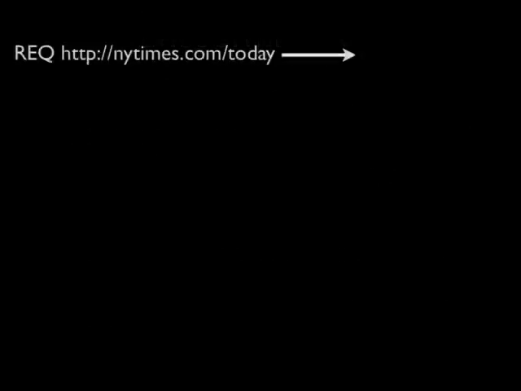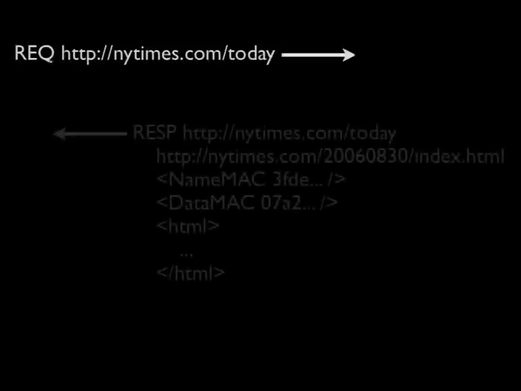Let me see if I can make that more concrete. So the model is, I do a request for today's New York Times. And I usually don't know what today is, so I want to make this generic request: give me today's New York Times. And I'm just sending that off into the ether, hoping that something's going to come back.